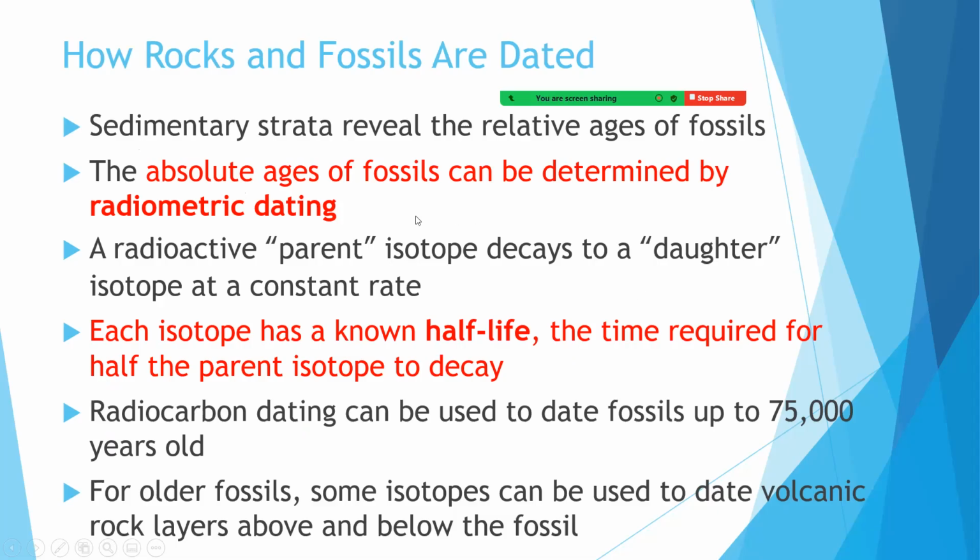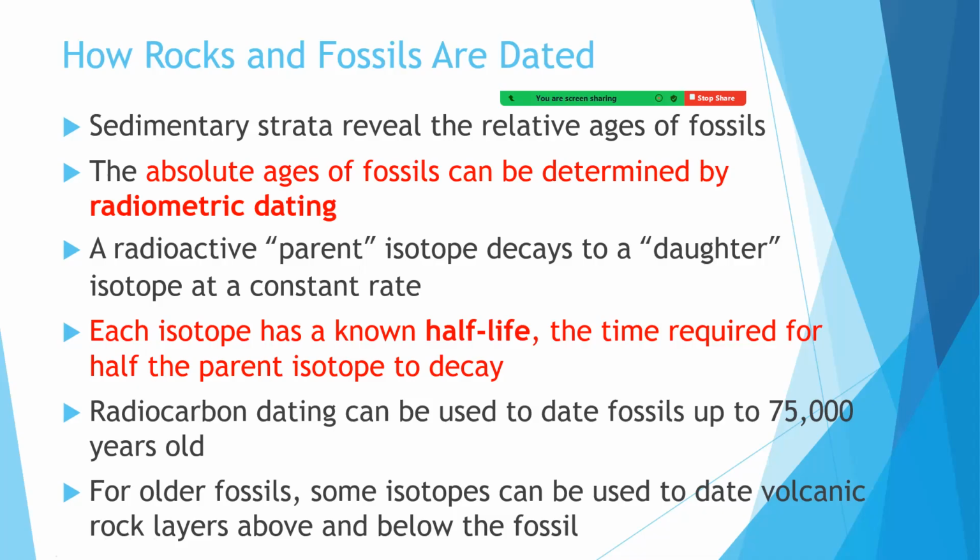So looking at this process, I mentioned radiometric dating. This is a way that we can actually date and look at what is the absolute age of the fossils. We know that in radiometric dating there is a radioactive parent isotope. Remember, isotopes are different than regular elements because they have a different number of neutrons.